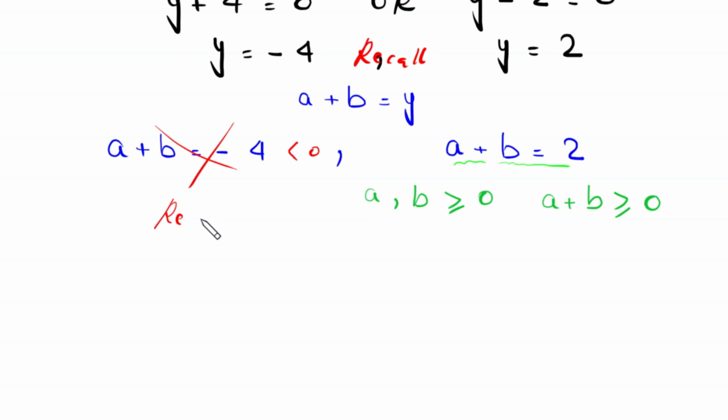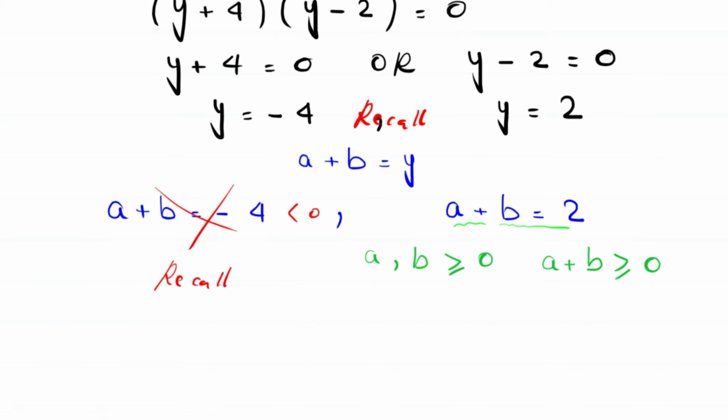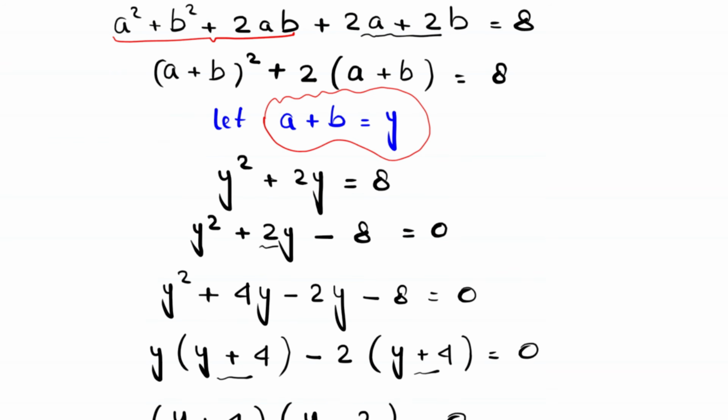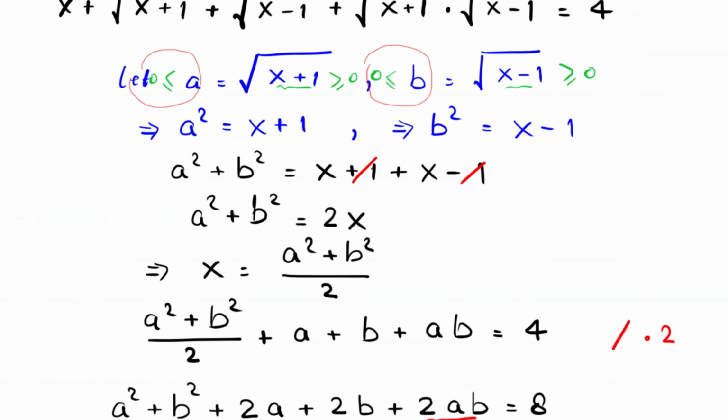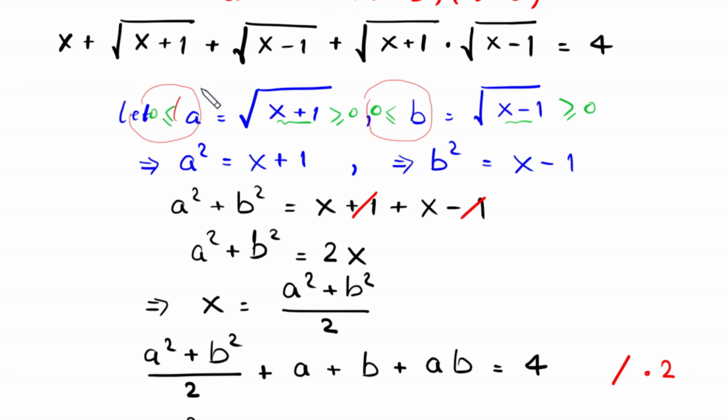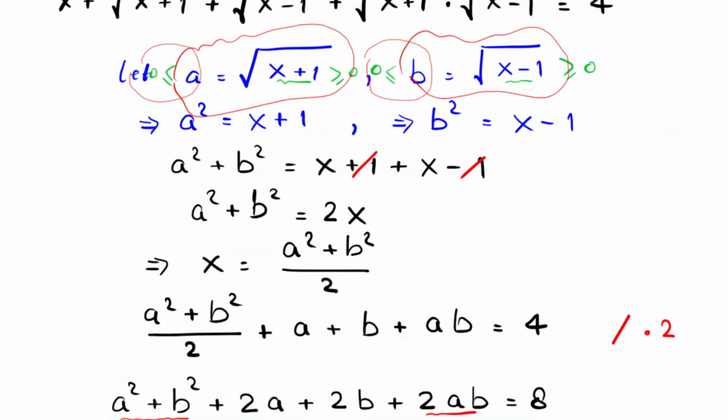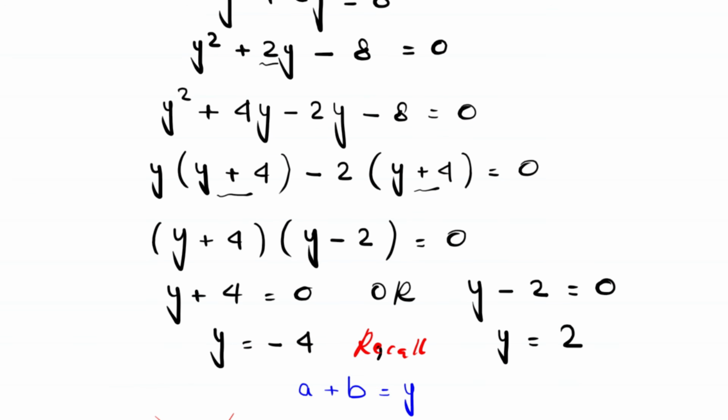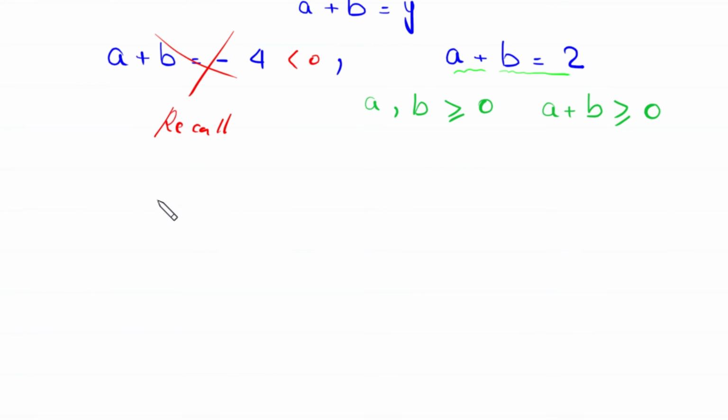Now recall that we have supposed that a is equal to the square root of x plus 1 and b is equal to the square root of x minus 1.